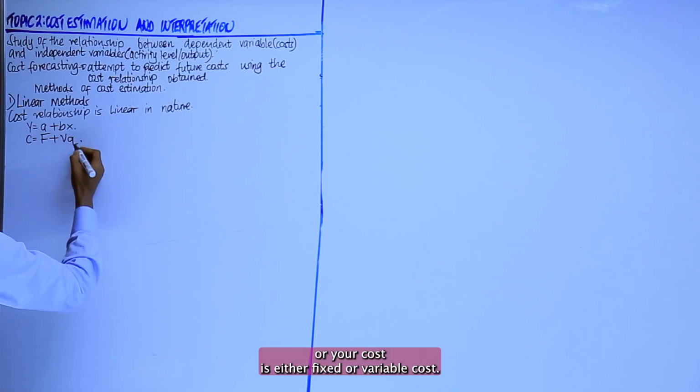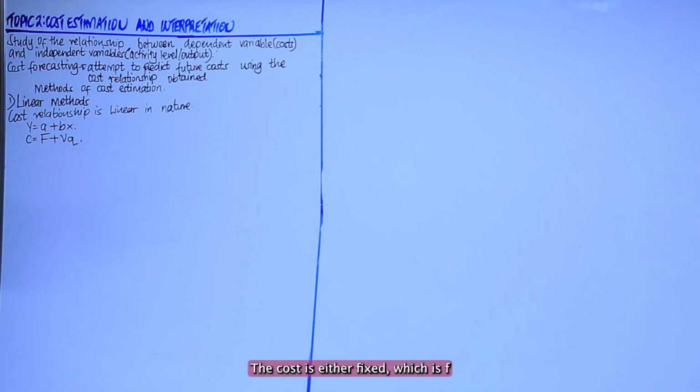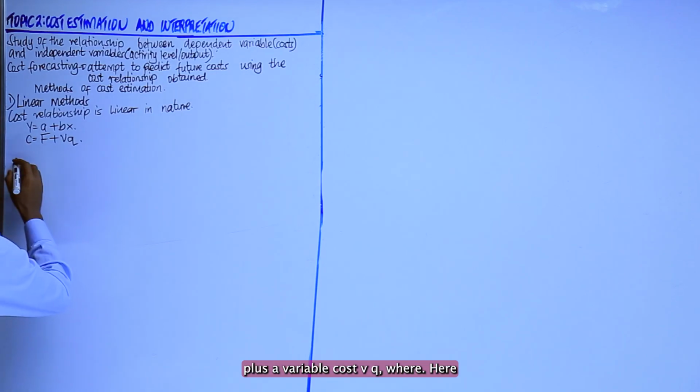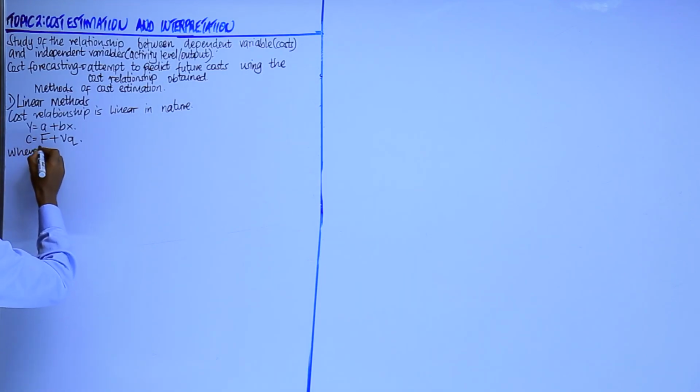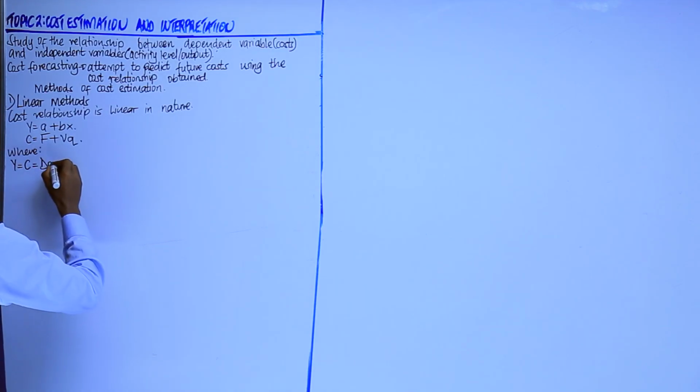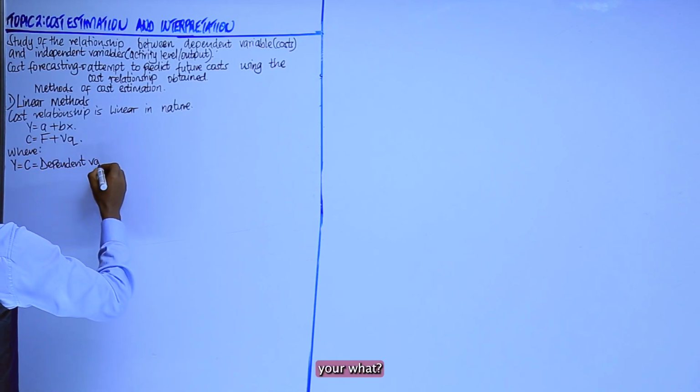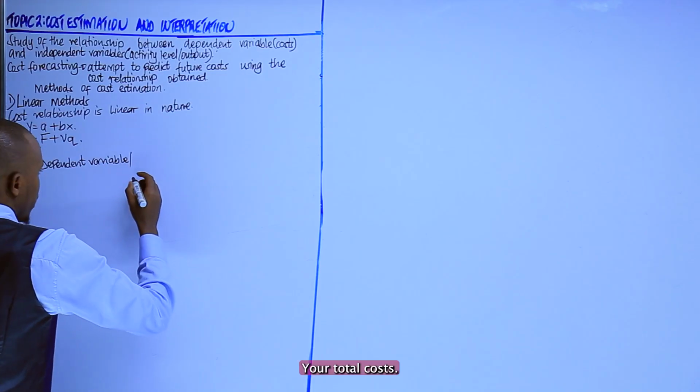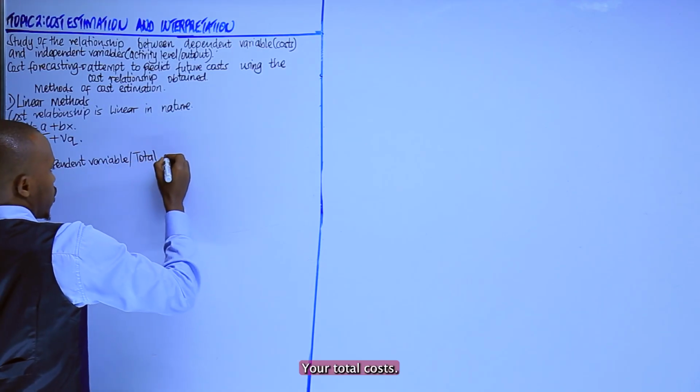or your cost is either fixed or variable cost. Your cost is fixed, which is F, plus a variable cost VQ, where y, or C, is your dependent variable, your total costs.